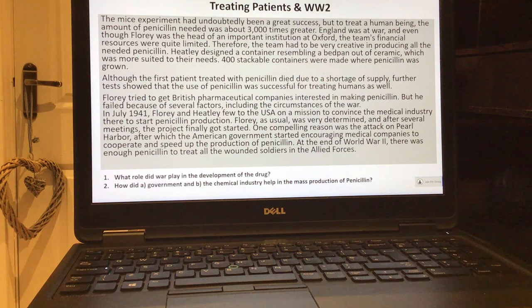Well, it didn't happen so much in World War Two, because once America joined the war after Pearl Harbor, they started to mass produce this drug penicillin, which was an antibiotic, so they could give it to people on the battlefield. And the government actually did support eventually by funding the production. And the chemical industry as well in America did support by churning out loads and loads of penicillin in tablet form eventually, but also in injection form.